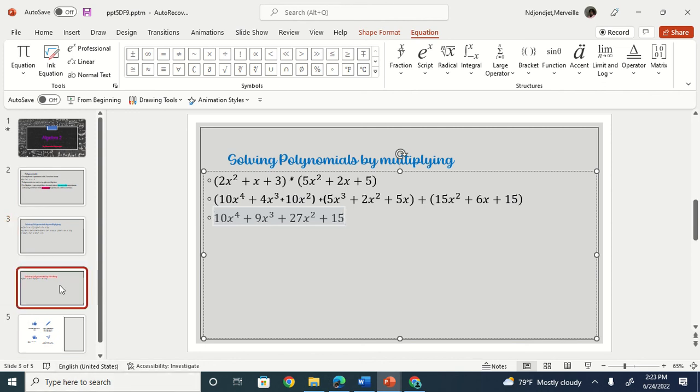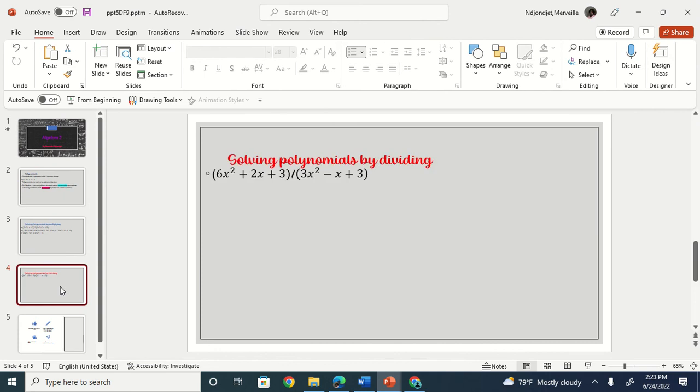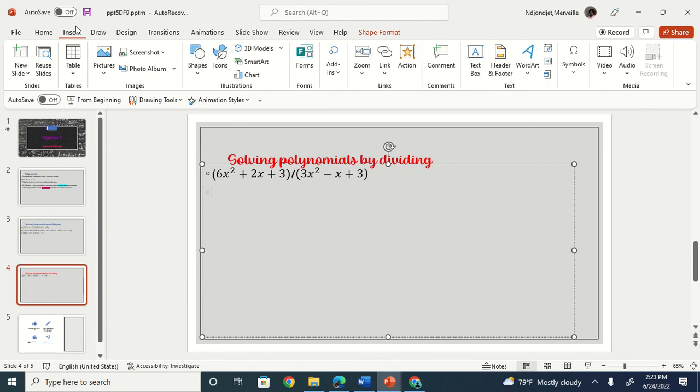So now we're going to solve polynomials by dividing. We're going to divide 6x squared plus 2x plus 3 all divided by 3x squared minus x plus 3. Now, when dividing, it's kind of like a long division thing, like how you can do it with numbers, right?